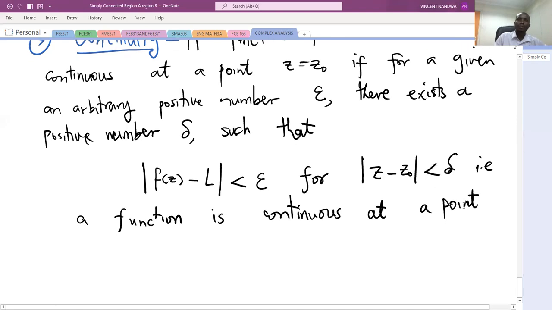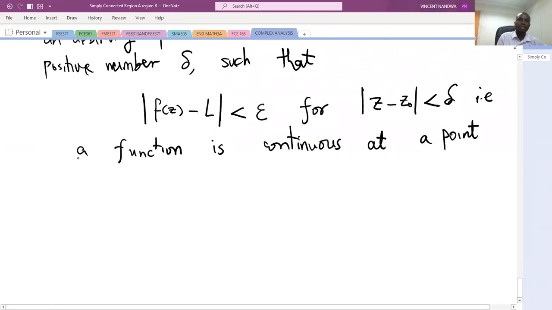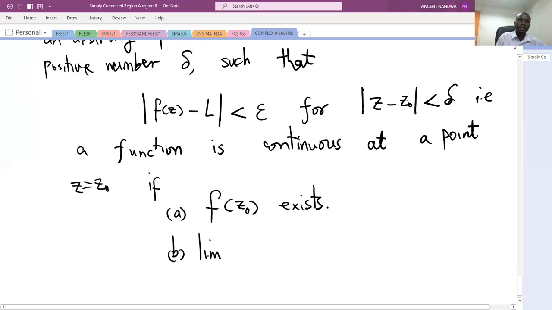actually this is the mostly used definition for continuity, at a point z equals z naught if (a) f of z naught exists, or simply to say f of z naught is defined, and then (b) the limit as z approaches z naught of f of z is the same as the value of f of z at z naught.